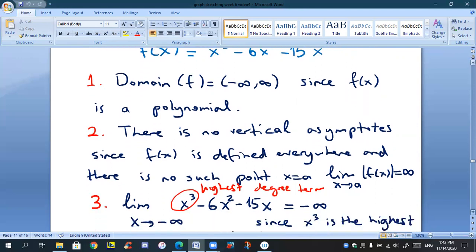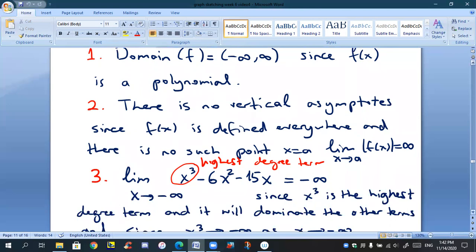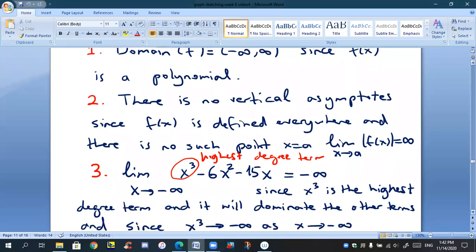What about the end behaviors? If we take the limit as x goes to minus infinity, this polynomial will go to minus infinity. Why? Because remember, the highest degree term determines what happens at infinity. So x cubed is the highest degree term here. It's going to grow faster than the other two terms. So what happens to x cubed when x gets negatively very large?